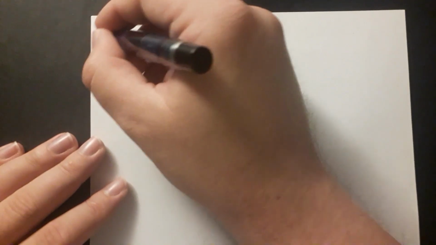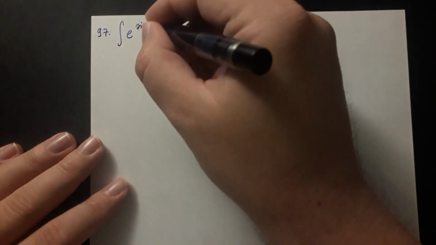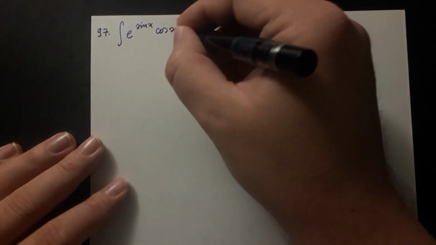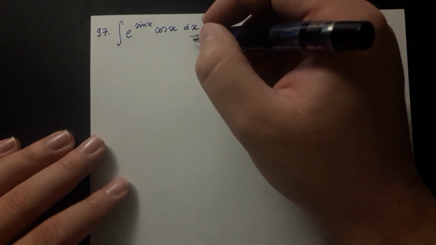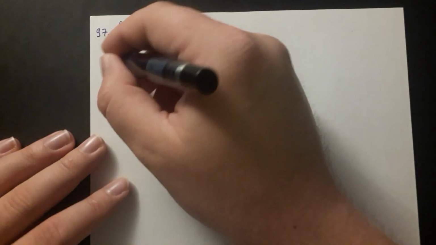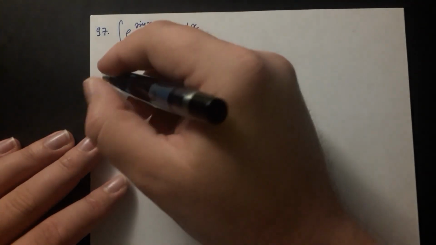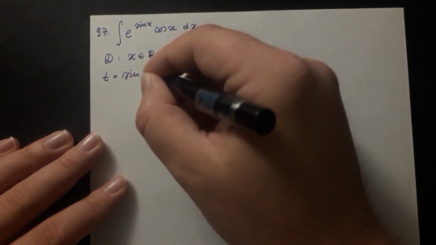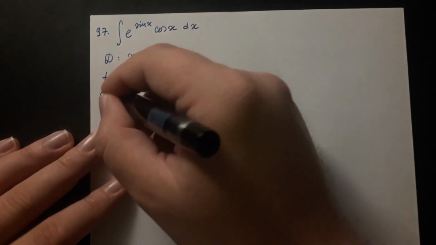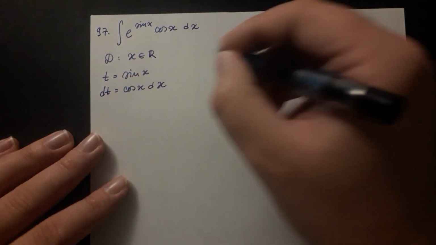Problem 97 is an integral of e to the power sine of x cosine of x dx. Now this integral is defined for all x's which are real numbers, and it can be solved by using the substitution that t is equal to sine of x, which makes differential of t to be cosine of x dx.